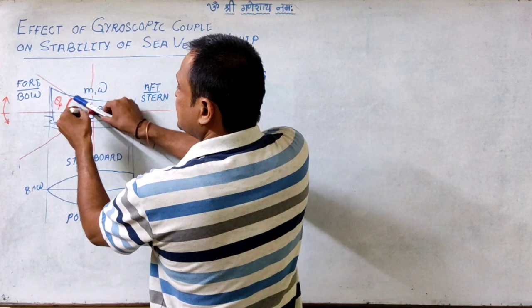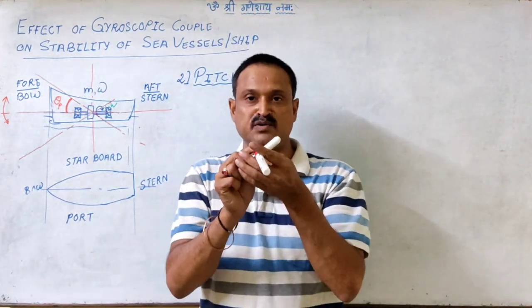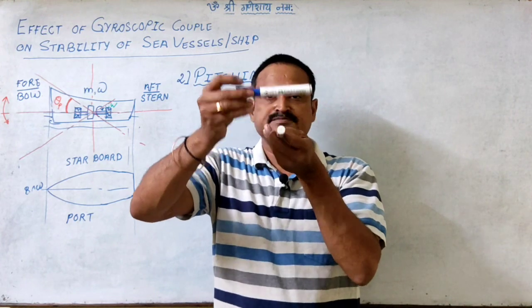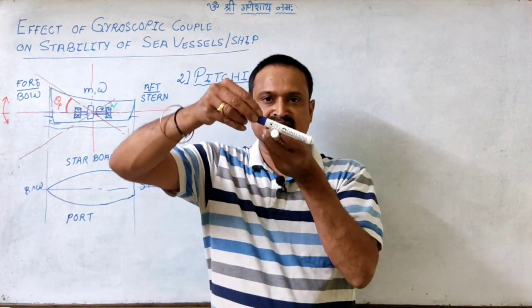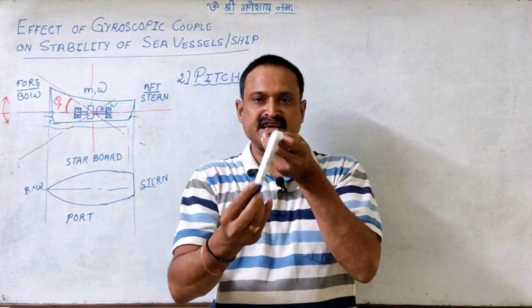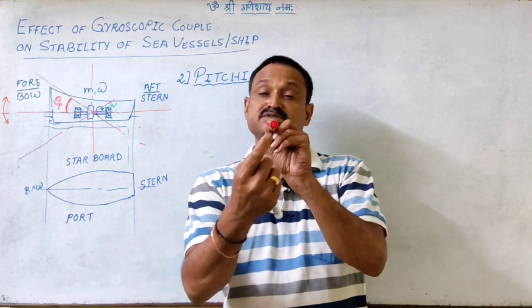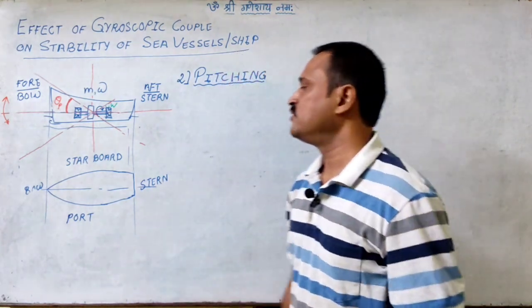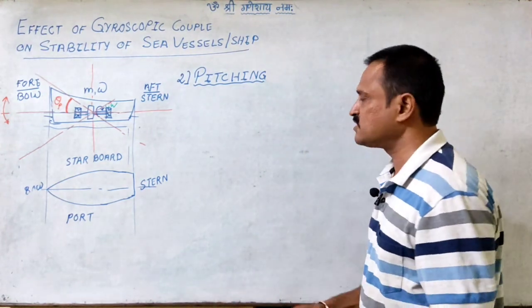So pitching is taking this way, right? So if this is the axis perpendicular to the board and this is the rotor axis or spinning mass axis, the pitching is taking this way. So that means this axis, which is perpendicular to the board, becomes the precession axis.